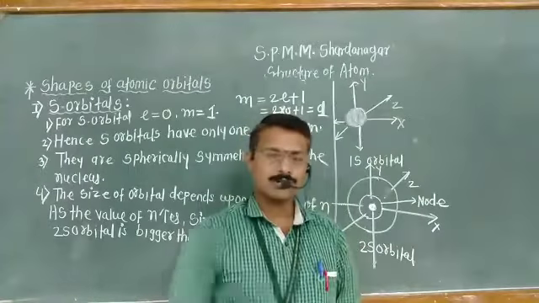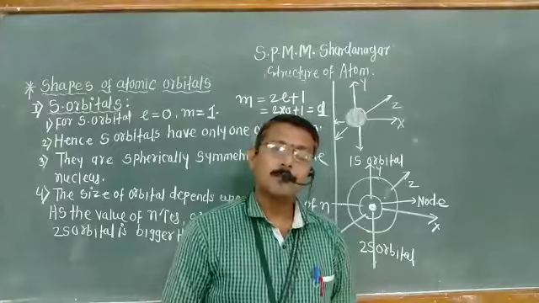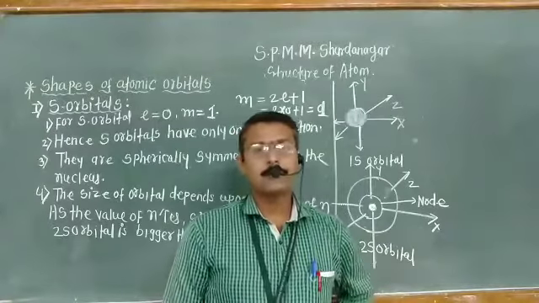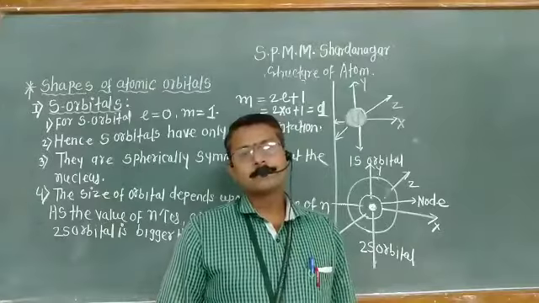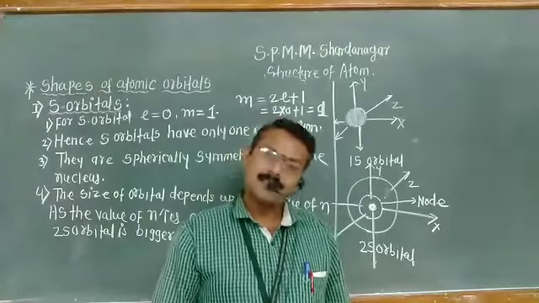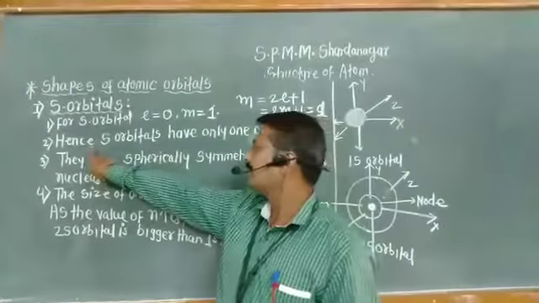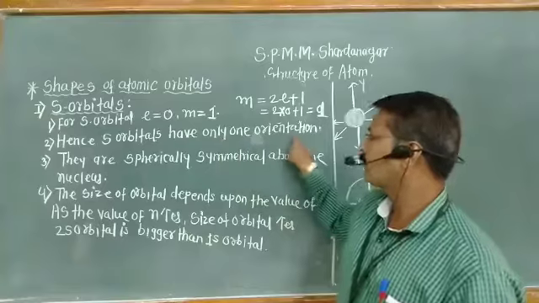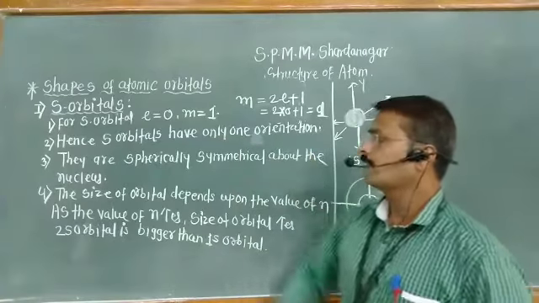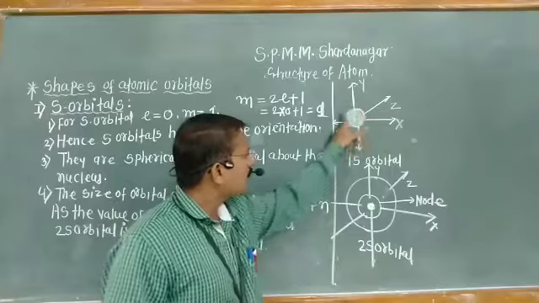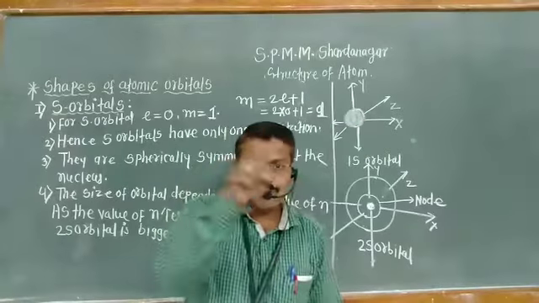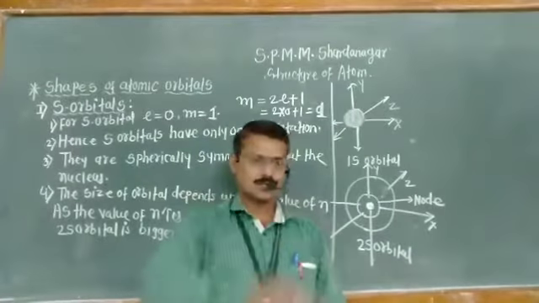Only one, because the magnetic quantum number has the value M equal to 1, and this statement says that the s orbital has only one orientation. When we see this figure, the orbital is spherical in shape.